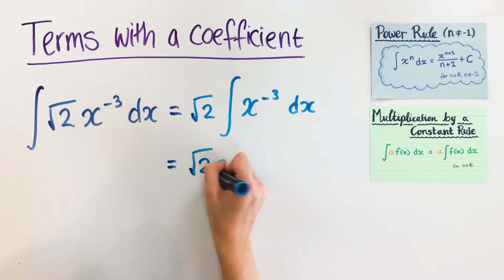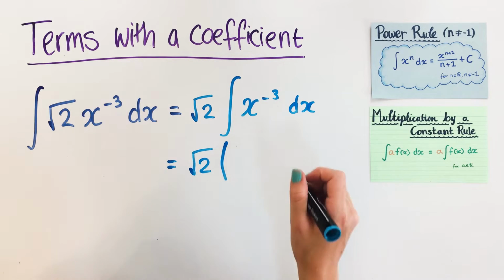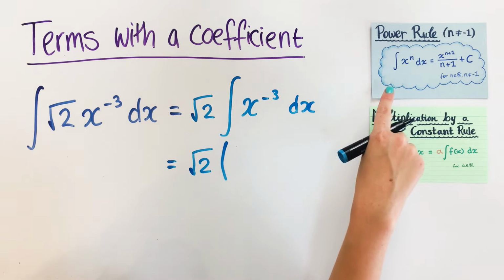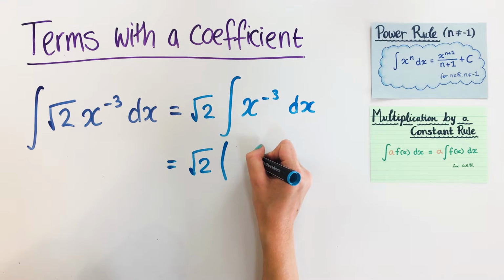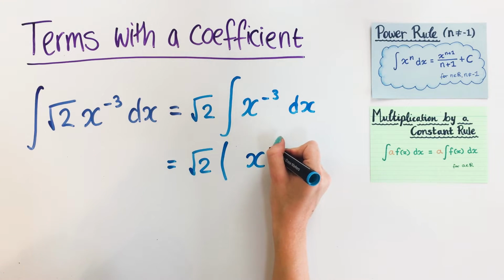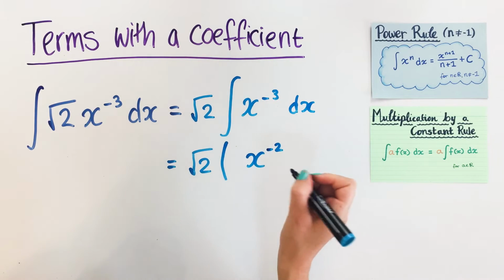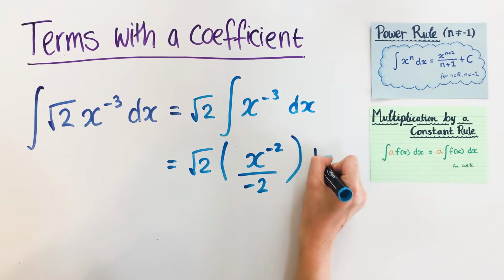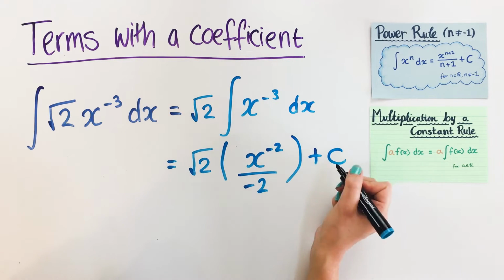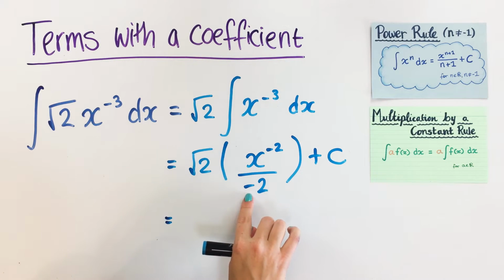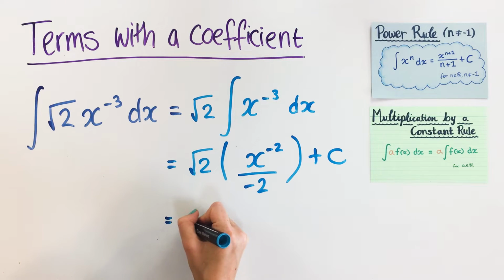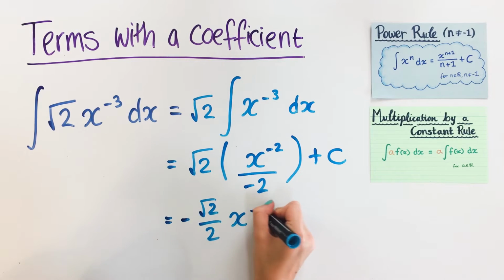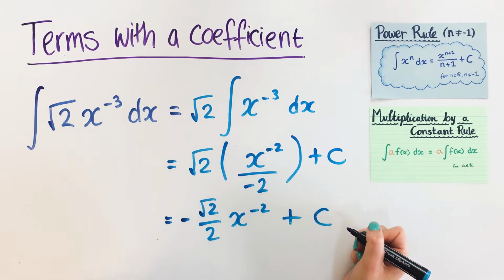And then if we put the evaluation of our integral in a bracket next to it, the integral of x to the negative 3, we can use our power rule, so we do minus 3 plus 1, that's minus 2, and then we divide down by the negative 2, and then plus c at the end, and that equals, we can bring the negative up to the front, minus root 2 over 2 x to the negative 2 plus c.